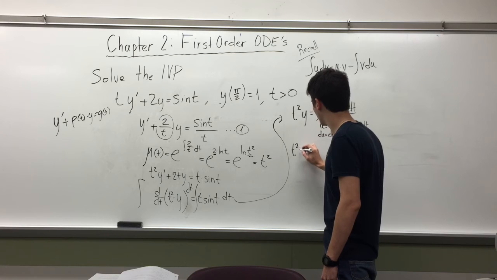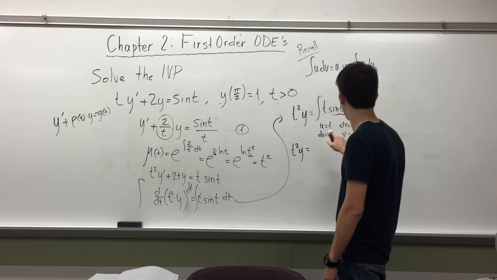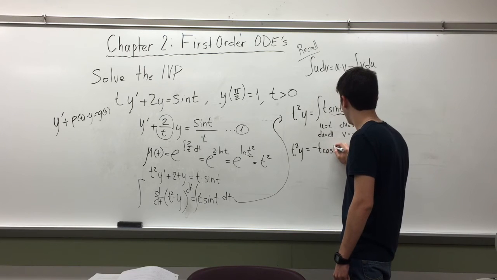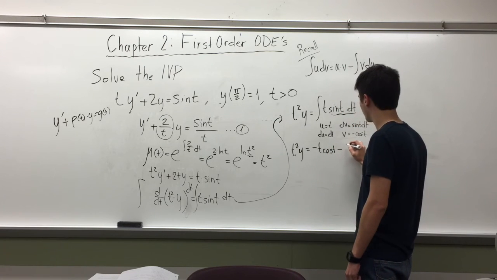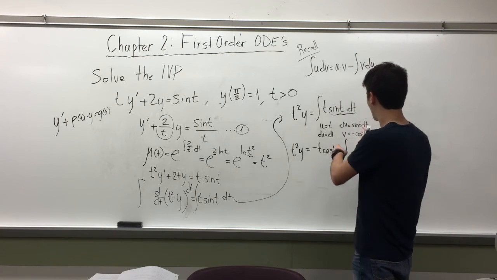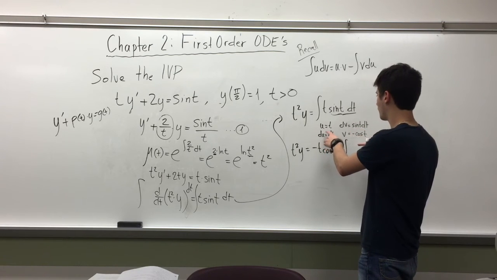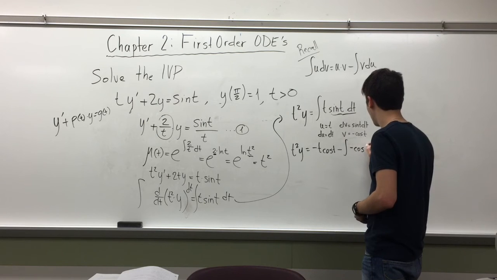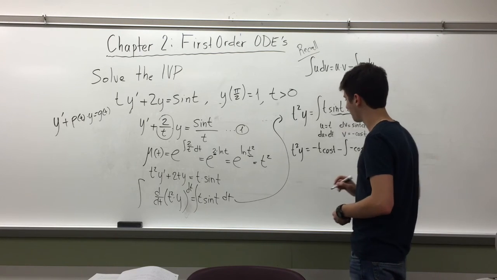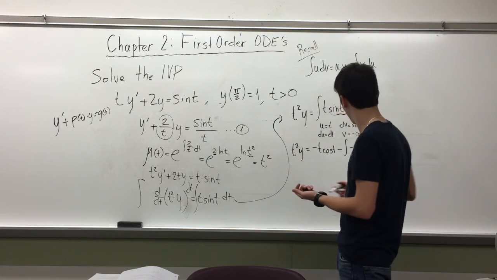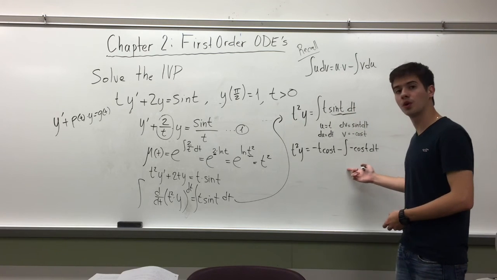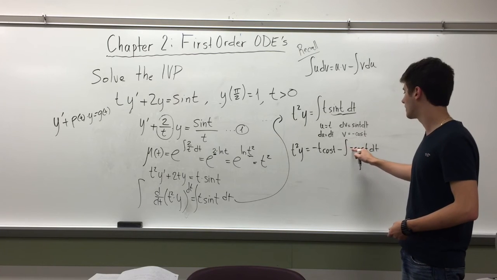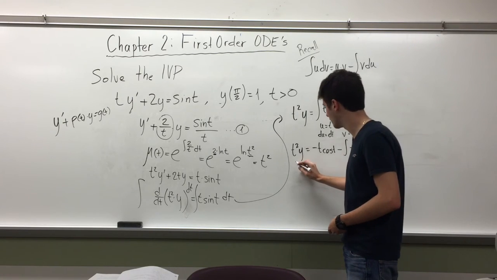So integrating by parts, we have that t squared times y is equal to u times v, so negative t cosine of t, minus the integral of v times du, so negative cosine of t times dt. Simplifying a little more, the integral of cosine of t is just going to be sine of t, and these negative signs are going to cancel out.